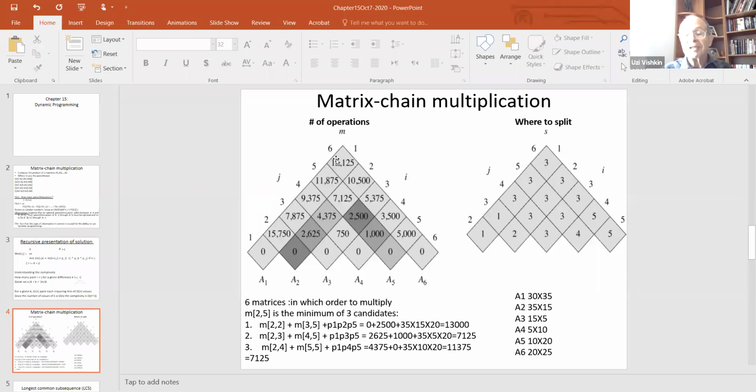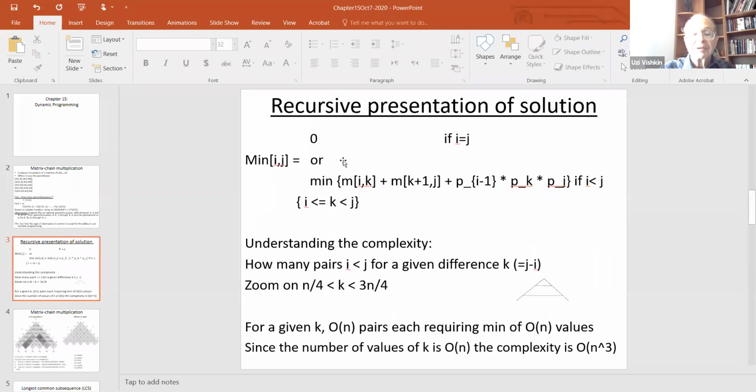Is it clear what I just said? For this given point, I need a linear number of choices. So for 1 to 6, I will need to make a choice between 5 or 6 options and take the minimum.